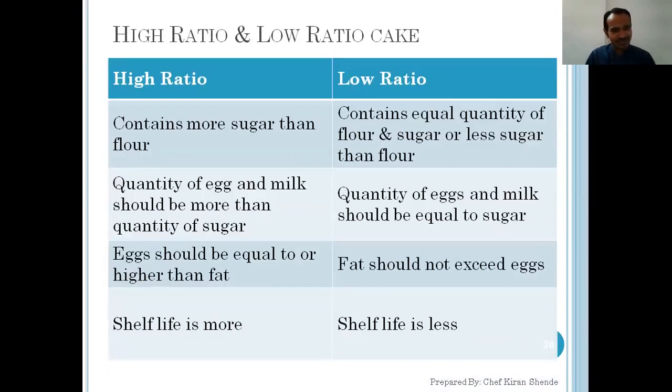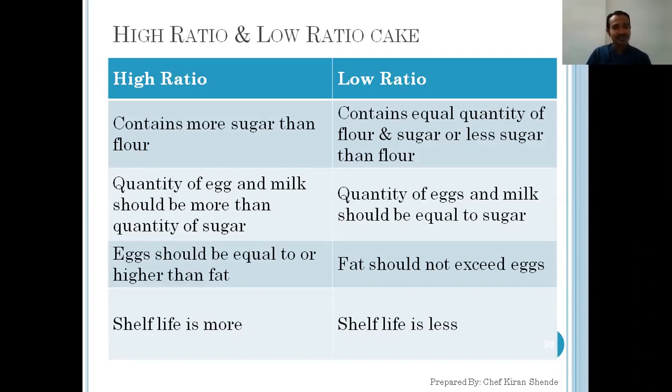What is a high ratio and low ratio cake? Like I said in the beginning, a high ratio cake contains more sugar than flour. A low ratio cake contains equal quantity of flour and sugar, or less sugar than the total quantity of flour. The quantity of eggs and milk should be more than the quantity of sugar in a high ratio cake, whereas the quantity of eggs and milk should be equal to the sugar in a low ratio cake.